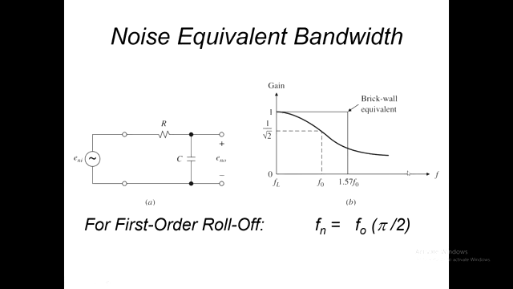And that's for noise. It's a noise equivalent bandwidth. Just to say, let's make this area here the same as that area there, where do we have to put this line so that that's true?